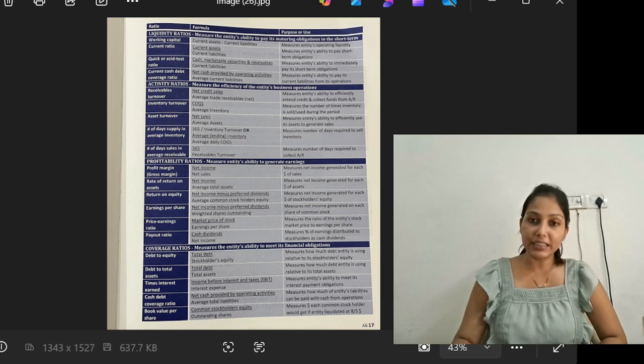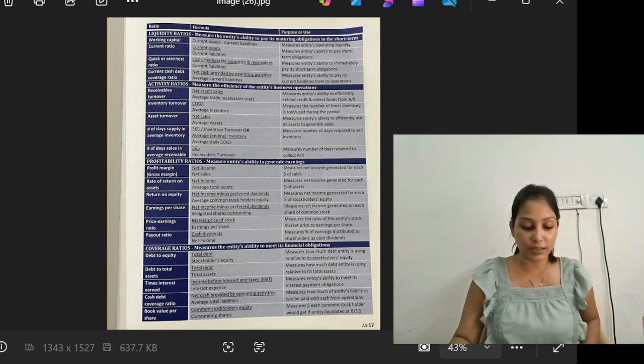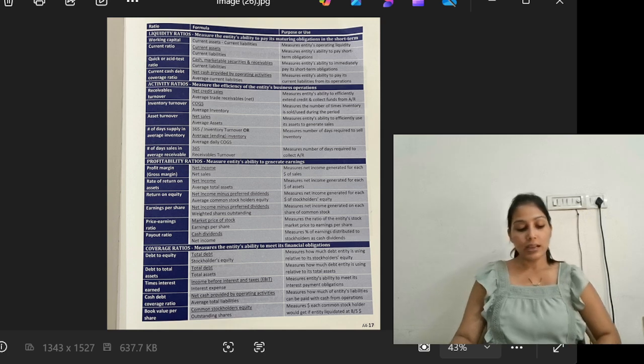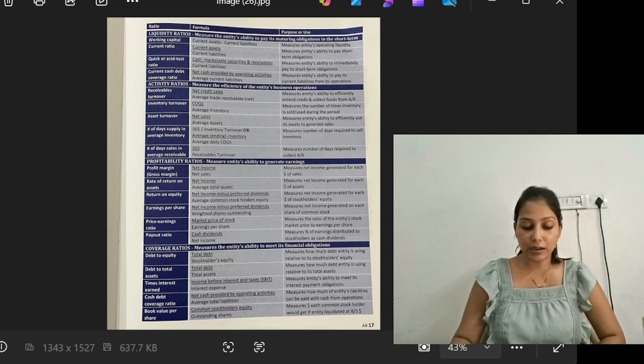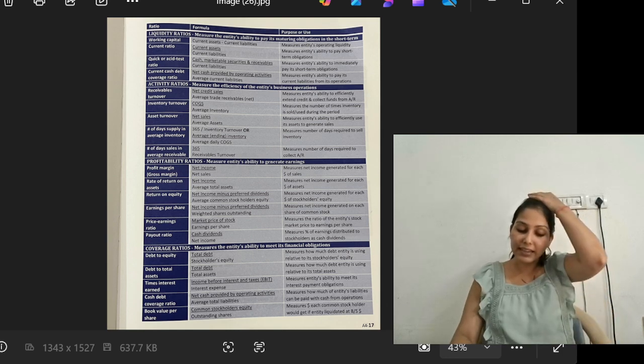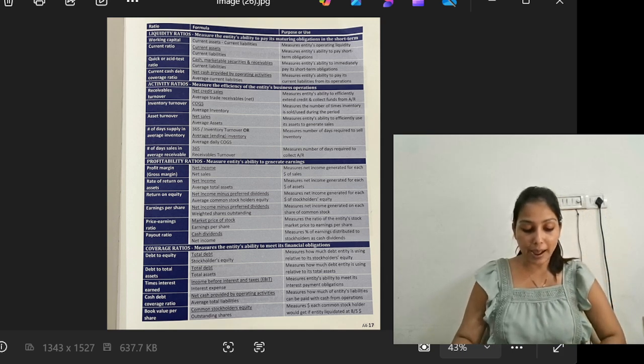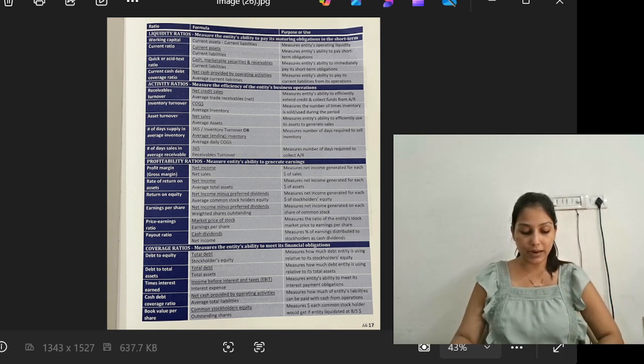Profit margin is net income divided by net sales, and it measures the net income generated for each dollar of sales. Rate of return on assets is net income divided by total assets. Return on equity is net income minus preferred dividends divided by average common shareholders' equity. EPS is net income minus preferred dividends divided by weighted average shares outstanding. Price earnings ratio and payout ratio are also there.